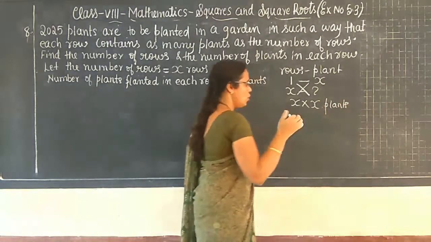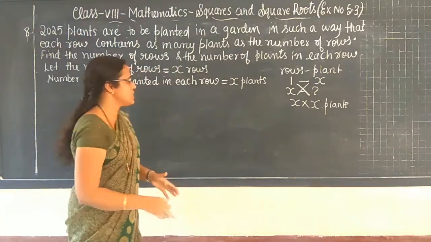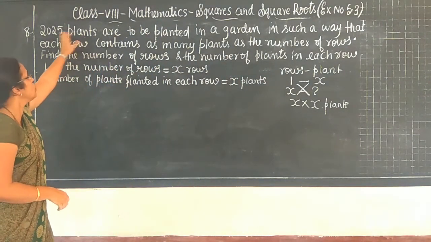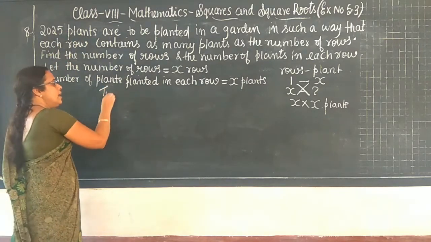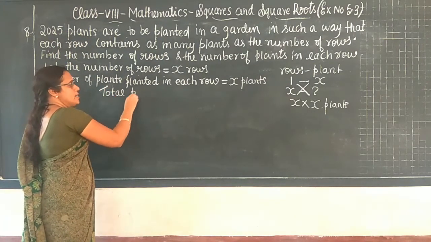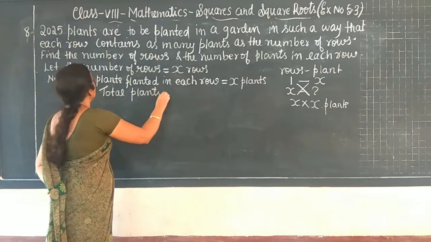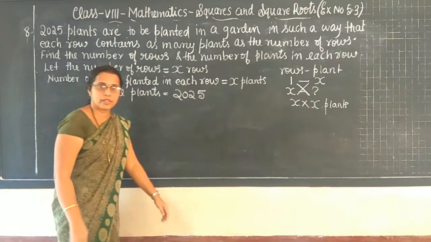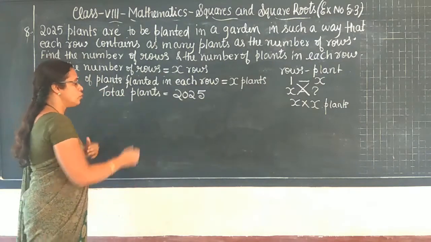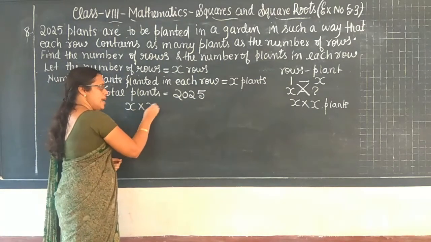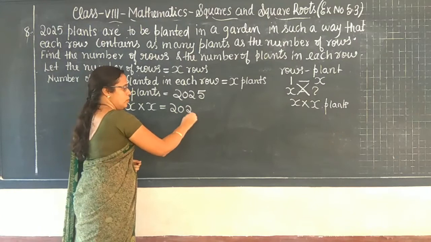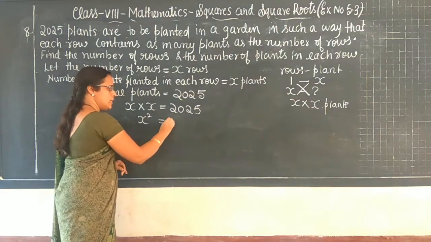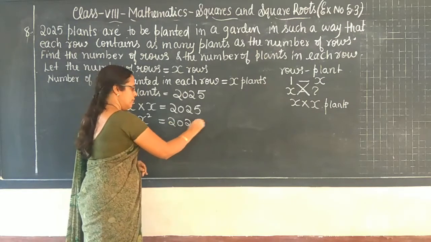These total plants are X into X. But total plants are given here. How many are there? 2025 plants are there. That means X into X is equal to 2025. X into X is how much? X square is equal to 2025.